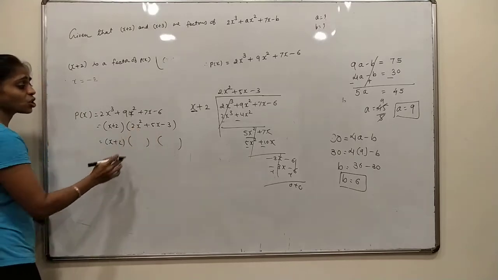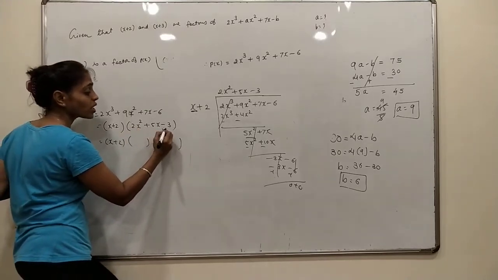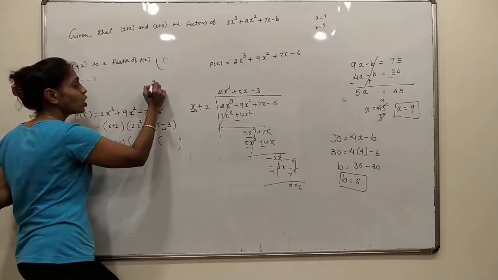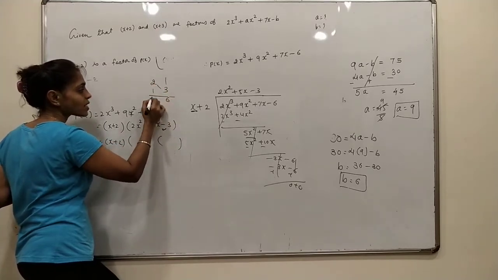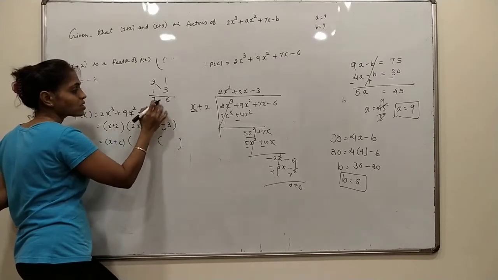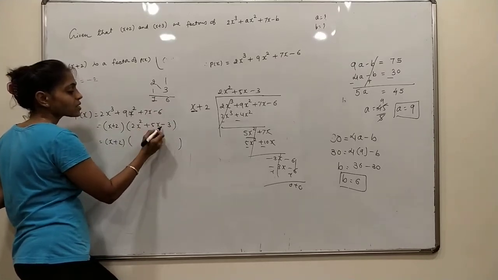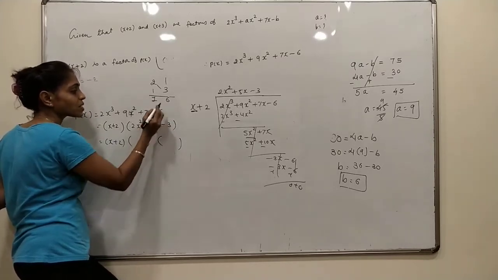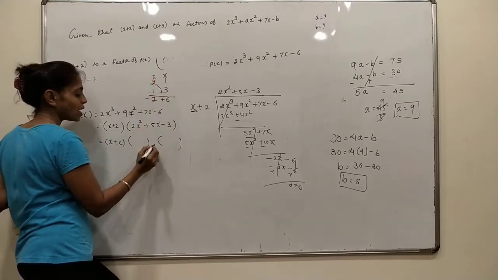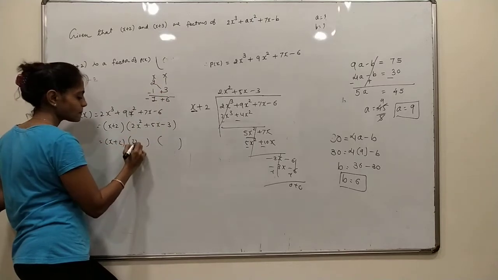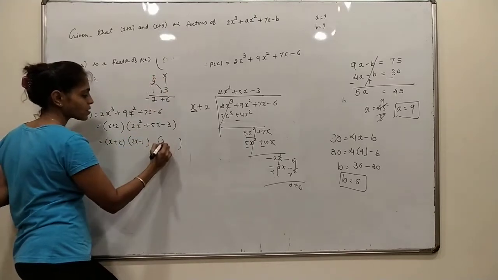Factorize this: make factors of 2 and 3 such that the subtraction gives 5. 2 1s are 2, 3 1s are 3, 2 3s are 6 and 1. Subtraction 6 minus 1 is 5. In subtraction, different signs, the middle term sign goes to the greater number. So the answer is 2x minus 1 and x plus 3.